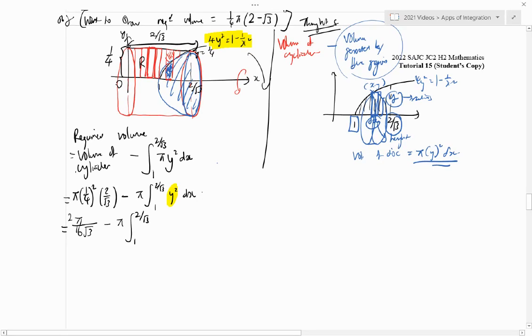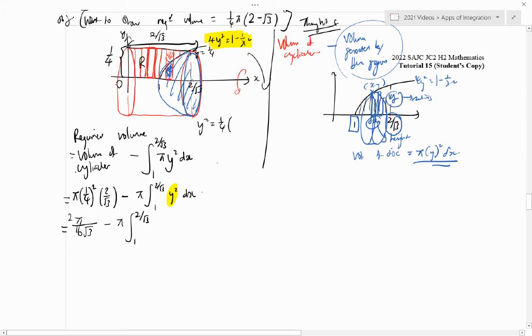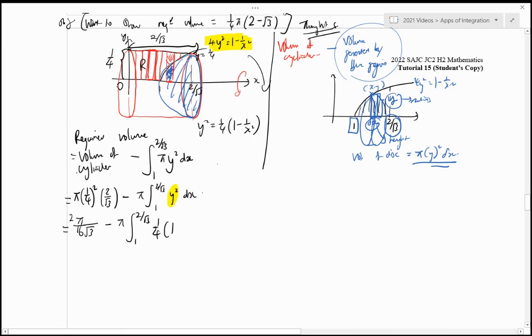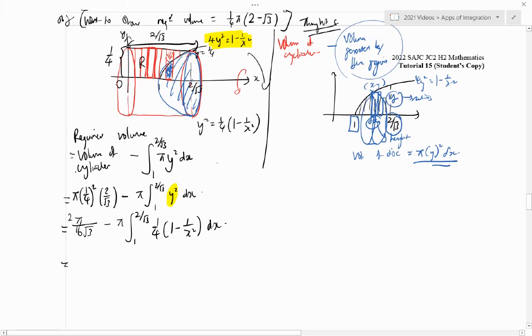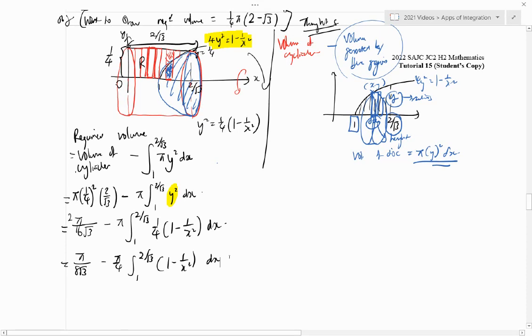From here, y squared is just 1/4 times (1 minus 1 over x squared). So this is 1/4 (1 minus 1 over x squared) dx. So this is pi over 8 root 3 minus pi by 4 integrating from 1 to 2 over root 3 of (1 minus 1 over x squared) dx.